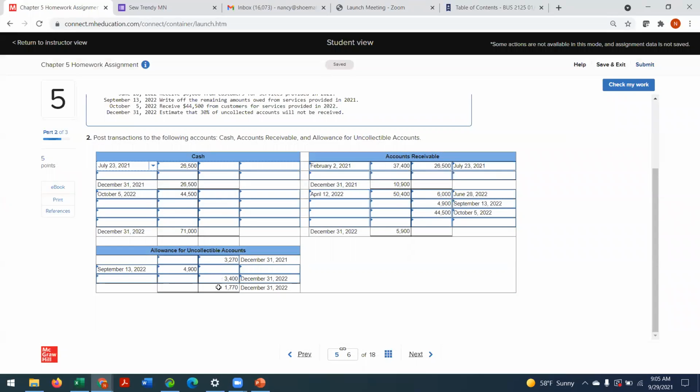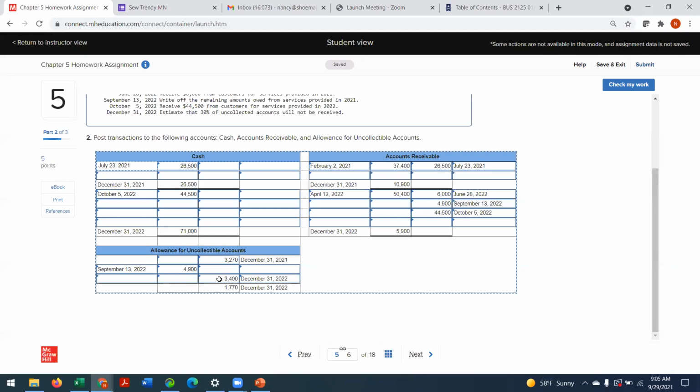Do you see, to make 1,770 as our balance, we would need to debit our bad debt expense for 3,400. That second year is a catch-up year because the balance for the allowance means that's what we need this balance to show.